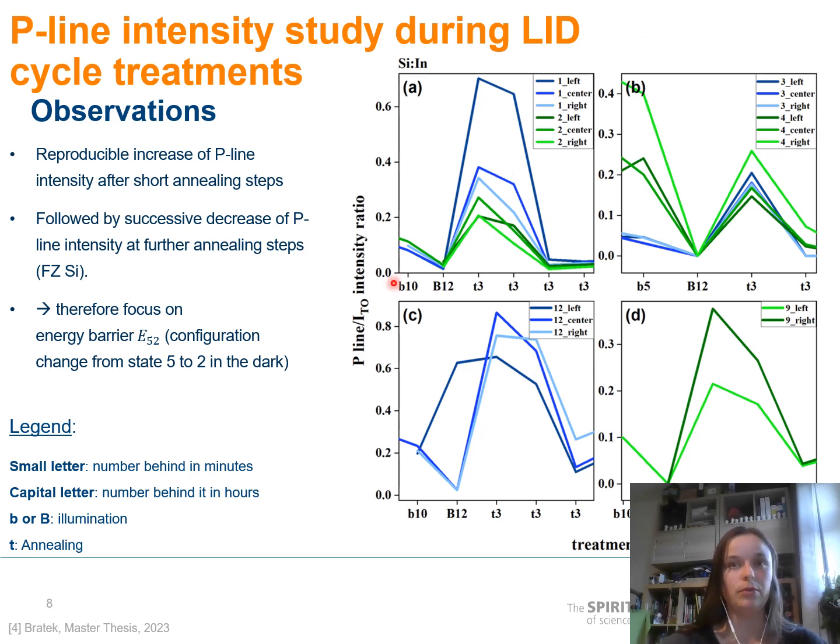The P-line increases reproducibly after short illumination steps, followed by a successive decrease of the P-line intensity at further annealing steps.